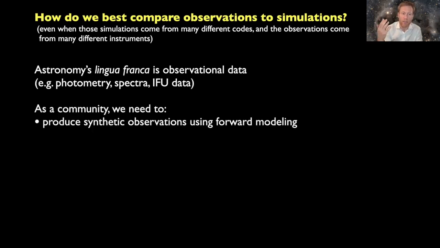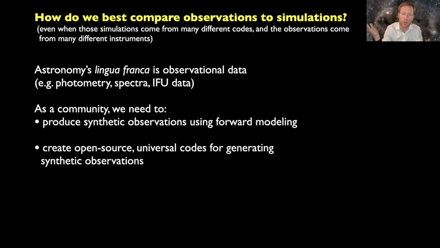So as a community, I think we need to produce synthetic observations by using forward modeling of our simulated data sets, as opposed to the reverse. So using realistic physical methods to produce these synthetic observations so that they can be directly applied and compared with true observations taken from actual instruments.